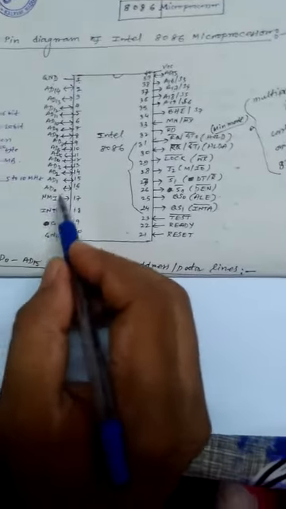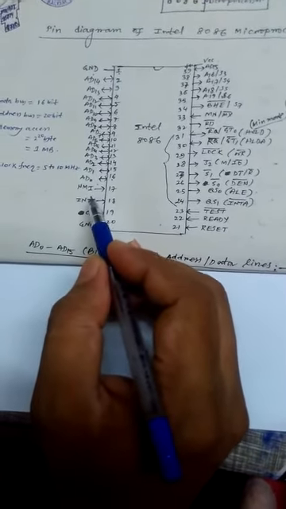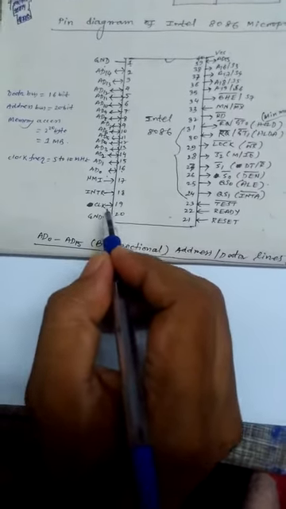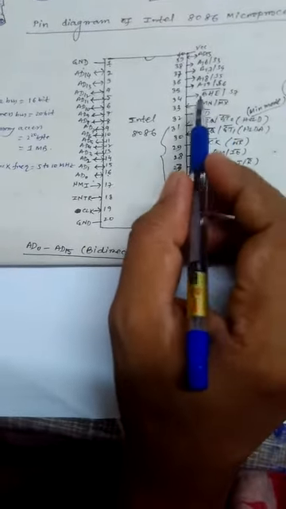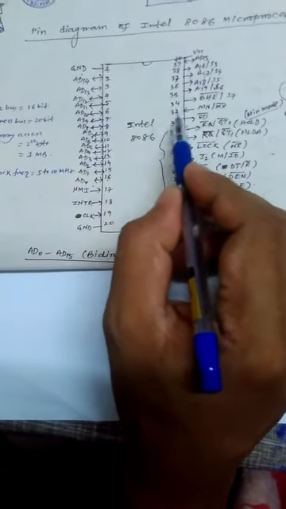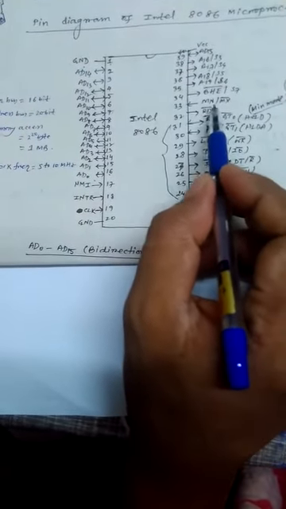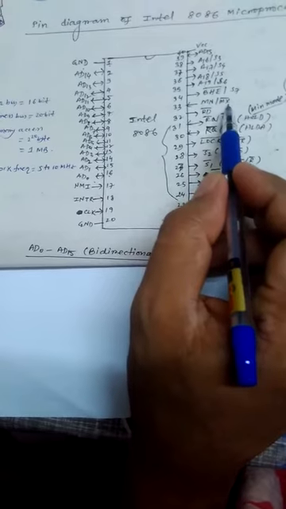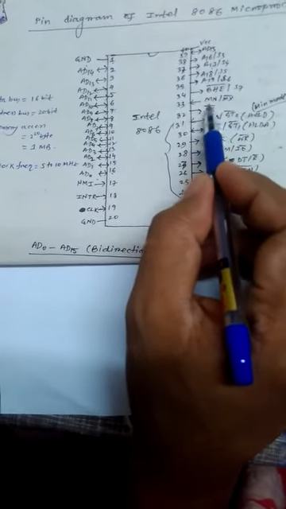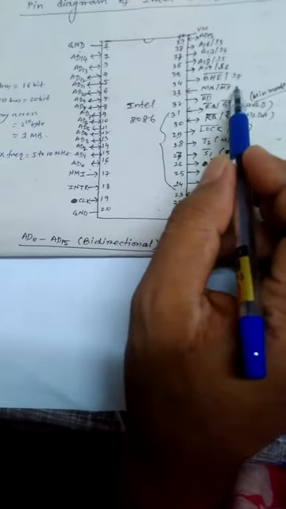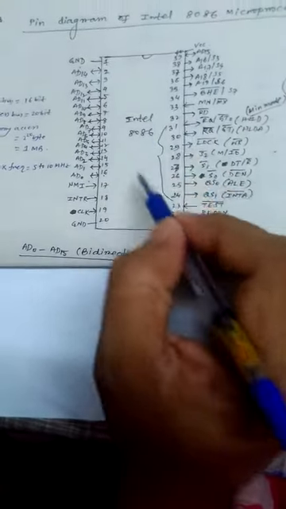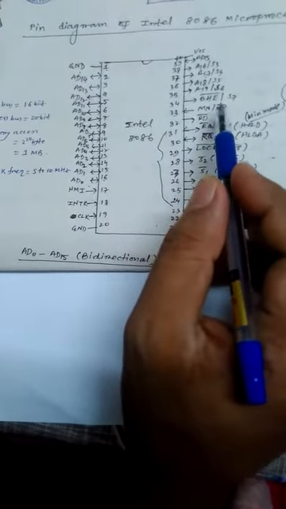These two pins are used for interrupts, then clock, ground, and after that pin number 33, which is very important here: the minimum mode and maximum mode pin. When it is 1, the 8086 microprocessor is used in minimum mode, and 0 means maximum mode.